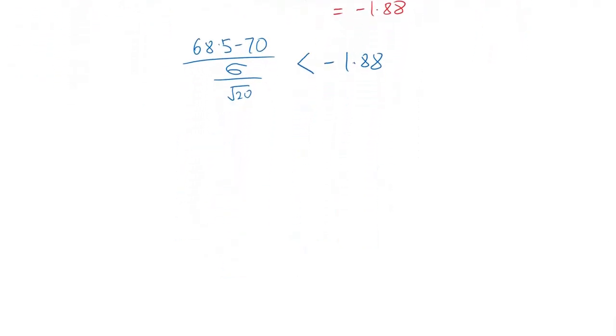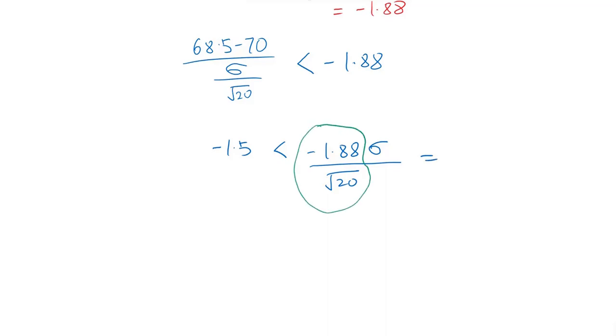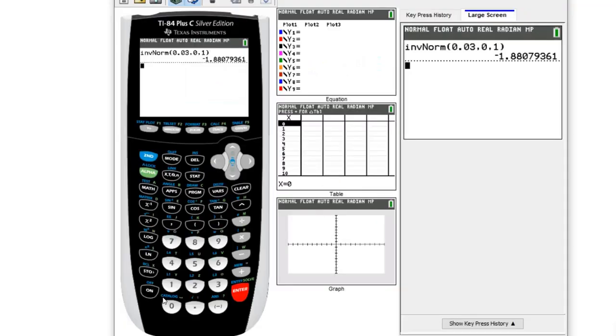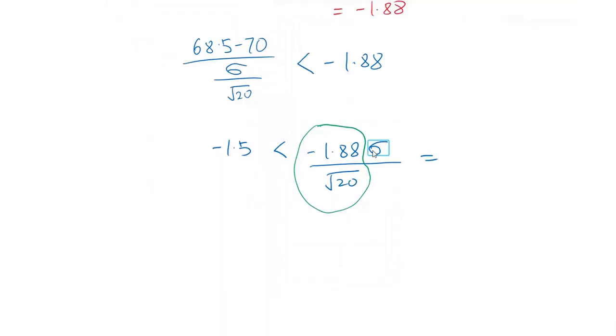Let me do it quickly. I can take 68.5 minus 70, that's negative 1.5. This will be less than negative 1.88 times sigma divided by square root 20. Let me press the calculator for this value: negative 1.88 divided by square root 20.